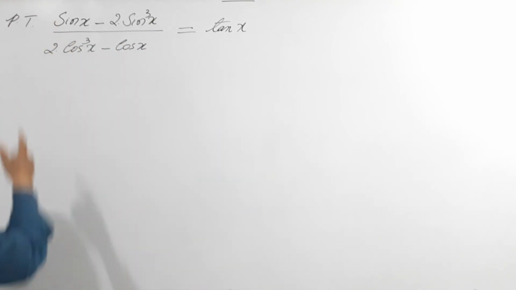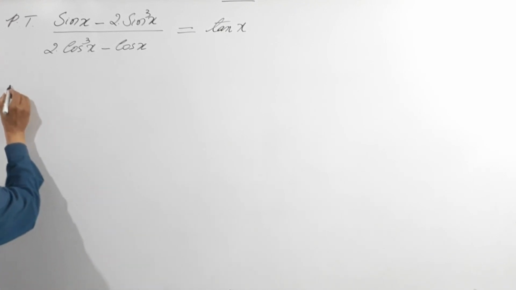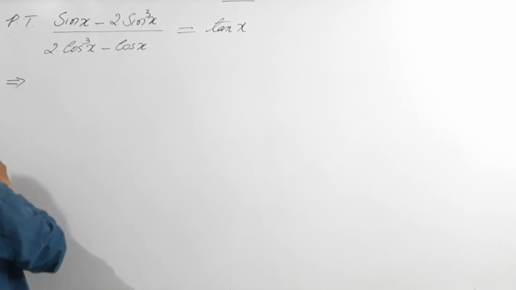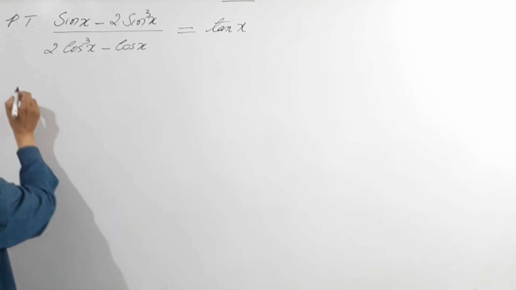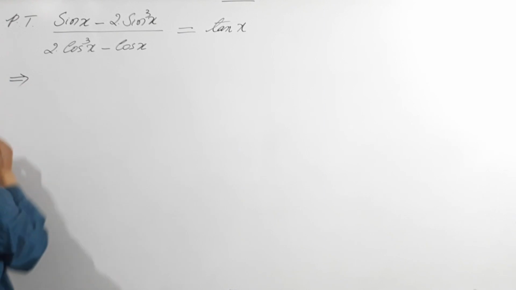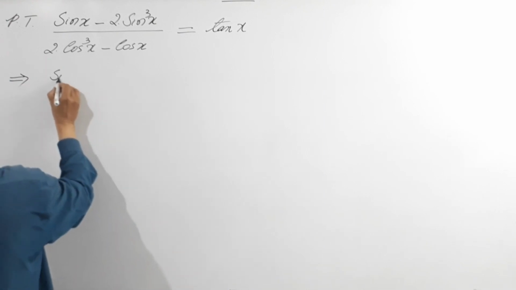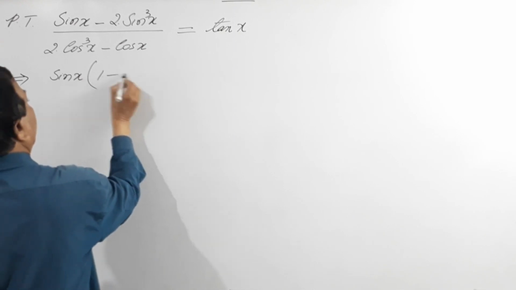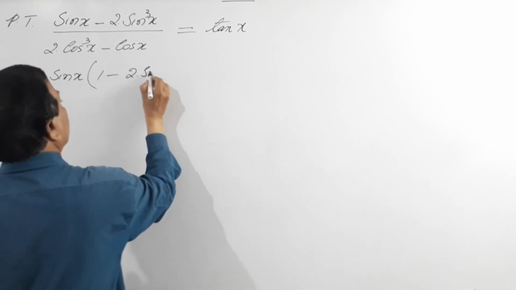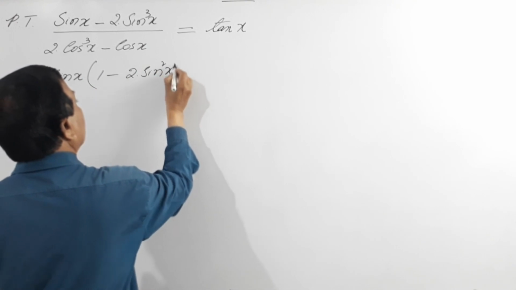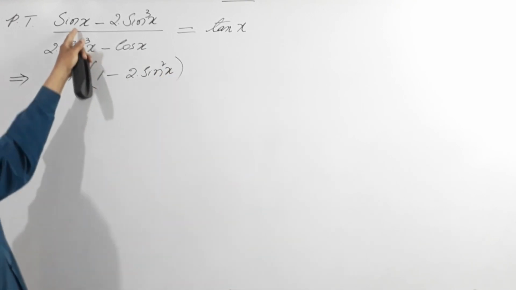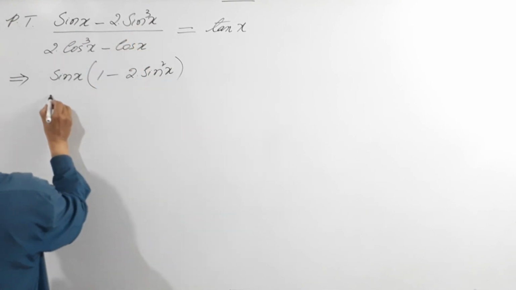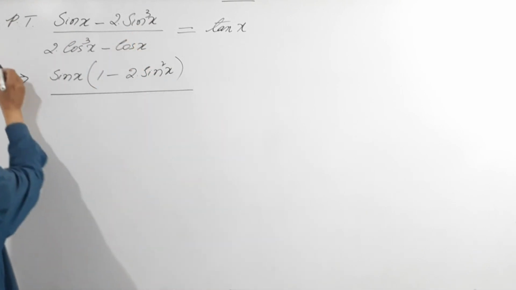So what I'll do, in the numerator I'll take sin x common. That becomes 1 minus 2 sin square x. If you multiply again, you'll get back that. So, divided by, I'll take the left hand side first.